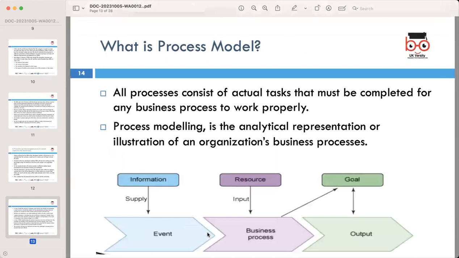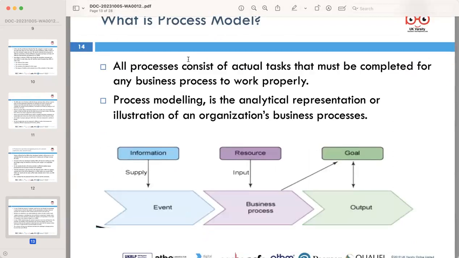Then we'll come to the process model. What is a process model? Any idea about process model? No, I don't have any idea. Okay, all processes consist of actual tasks that must be completed for any business process to work properly.